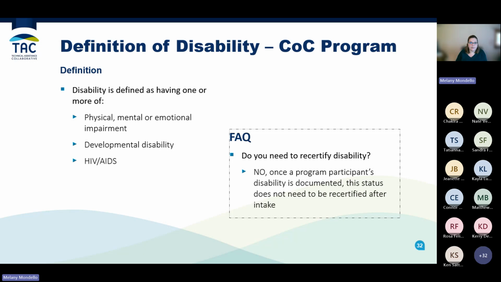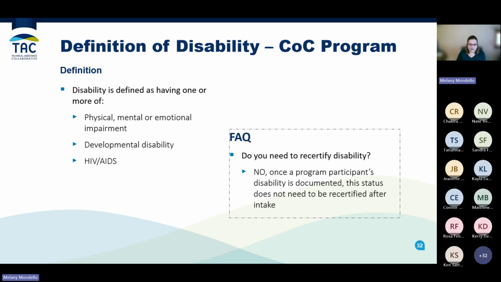Maybe someone in rapid rehousing needs longer term support, financially and service-wise, than you realize. So it is important for you to understand the disability definition, as well as the PSH providers, so that you can help people collect the information as quickly as possible to be able to enter programs that they're qualified for and start that housing search as quickly as possible.